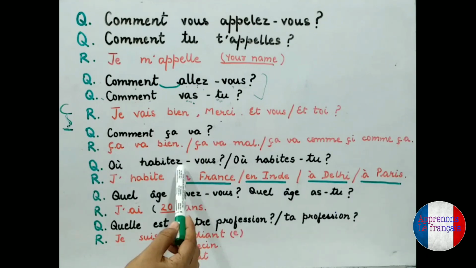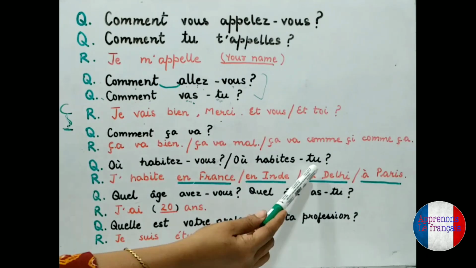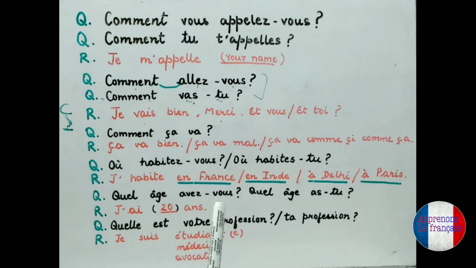Now why I have put en here and why I have put à here, for this again we need another lesson, that is the preposition with the places. So we got one more idea that we can do that lesson also, where you can learn the preposition before the places.